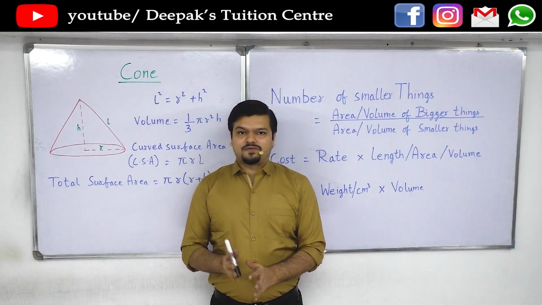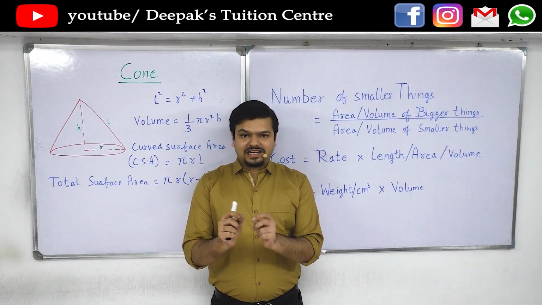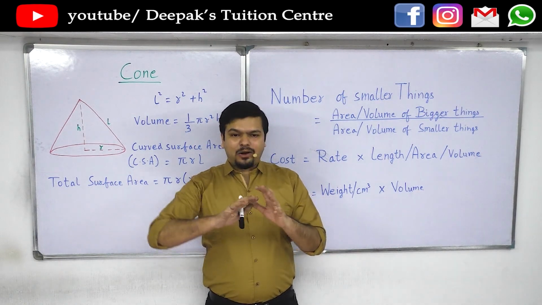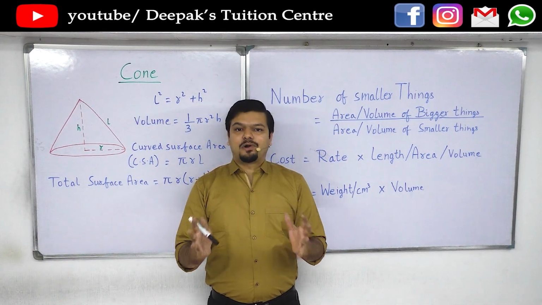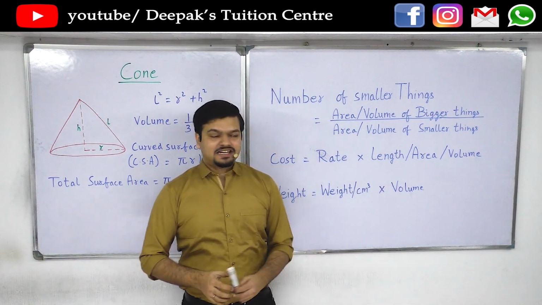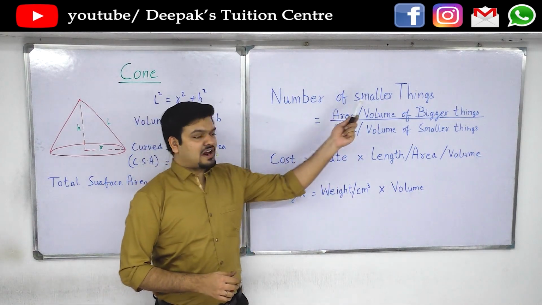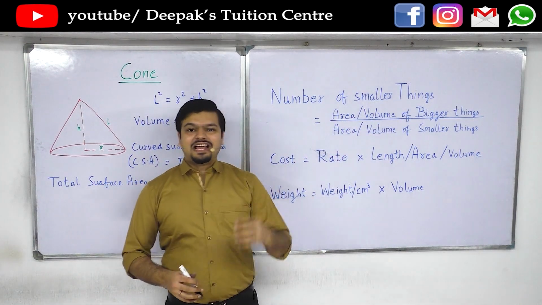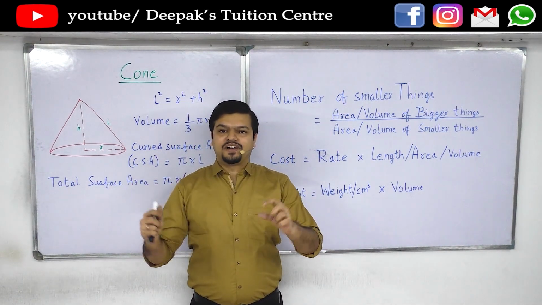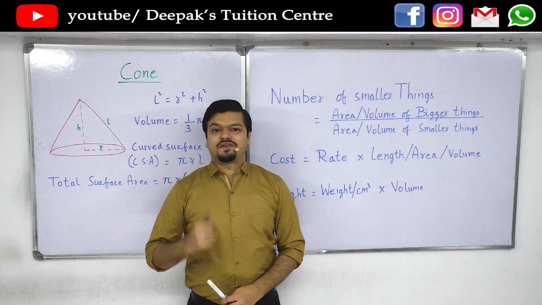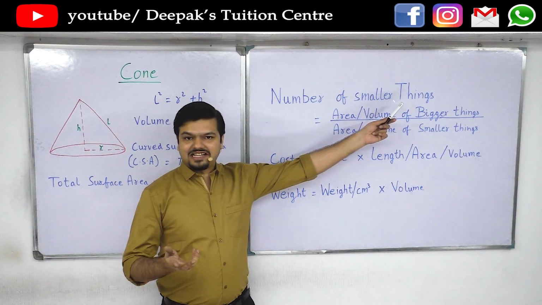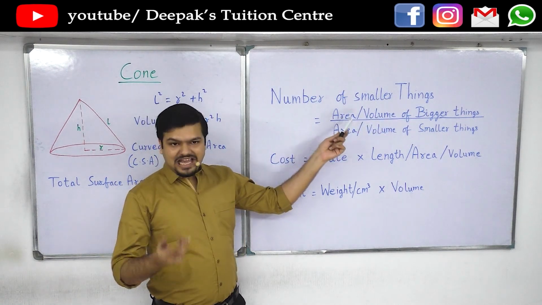Besides these standard formulas, I have cooked up a few little formulas which help you to solve certain sums. These are not exact formulas, but more or less guidelines, so it gives you an idea how to solve these particular things. If in the question you are asked the number of smaller things, for example, if I have melted a big cylinder and made small cones out of it, and I am asked the number of cones I have made, then the number of small things, that is the number of cones, equals the area or volume of bigger things divided by the area or volume of smaller things.